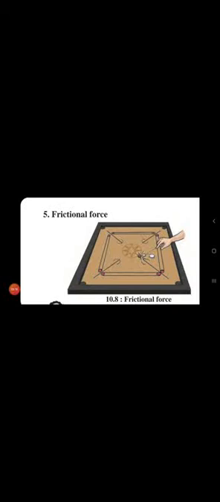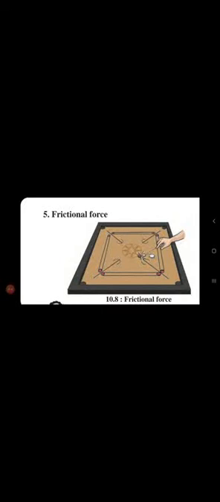Next type of force is frictional force. When a carom piece is flicked lightly, it slides over the carom board but stops at a certain distance. Also, a ball rolling over flat ground stops at a certain distance. Why does this happen?